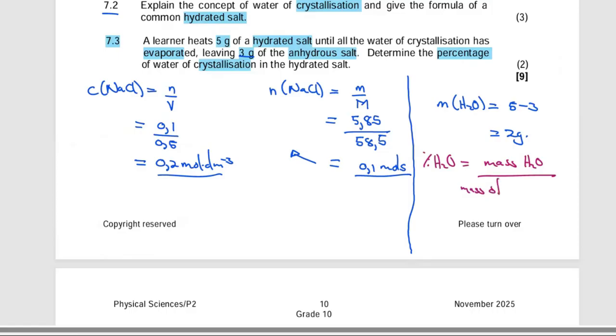So to work it out, percentage of H2O is equivalent to 2 all over 5 multiplied by 100, right? If we do our math there, we're going to get a value of what?